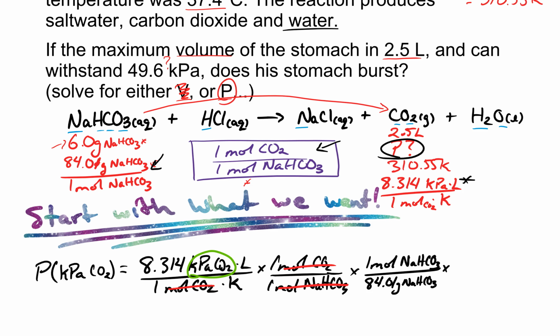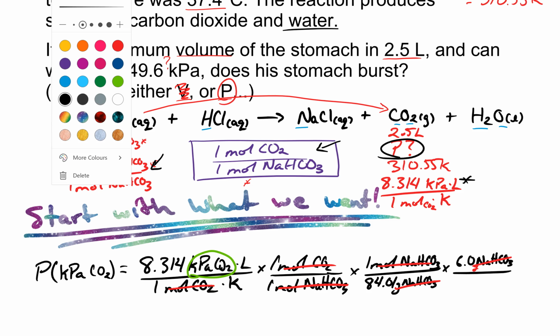Moles of NaHCO3, moles of NaHCO3. Perfect. I want to cancel out grams of NaHCO3. Well, we know that we ate 6 grams. Why you would eat this, I have no idea. But whatever. So we're going to cancel out grams and grams. Perfect.